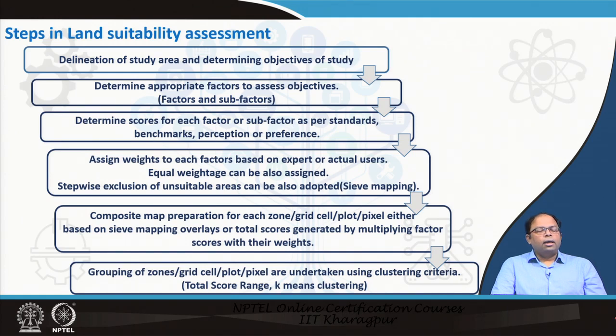Then after we have given the scores for the actual condition for that particular factor in that particular zone or area, the next job is to determine out of all these factors which one is important or what weightage has to be given to each one of them. So the next step is to assign weights to each factor based on either experts or actual users.